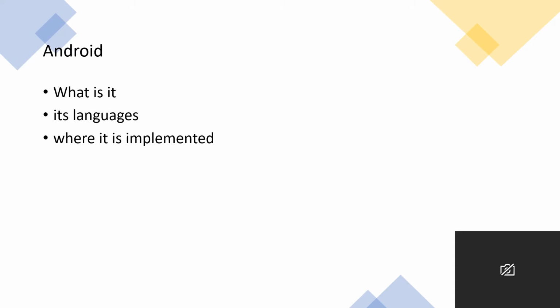It is an operating system used by mobile companies on mobile phones, for mobile phones. It has multiple languages that it can be implemented in: C++, Java, Python, as well as Kotlin.